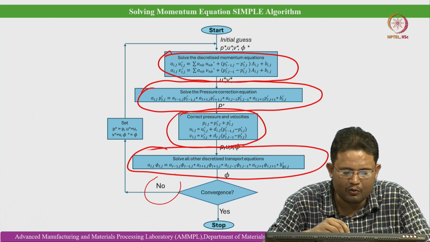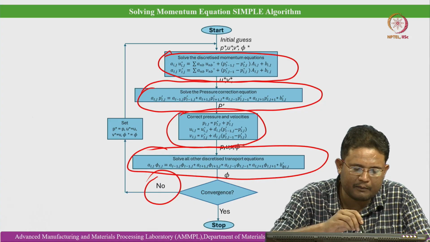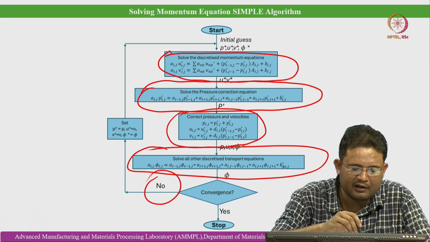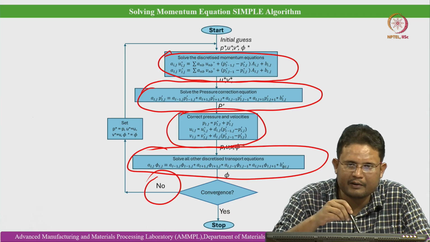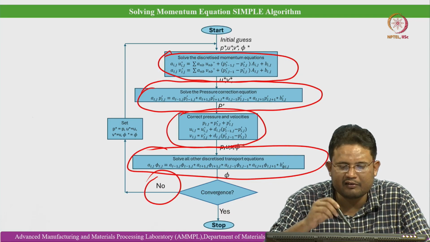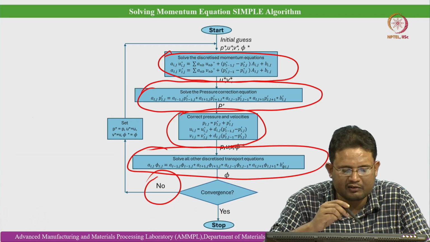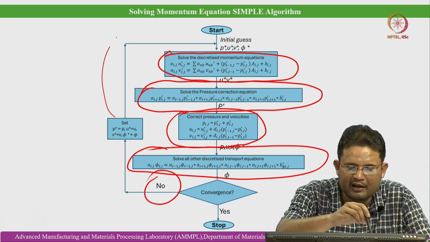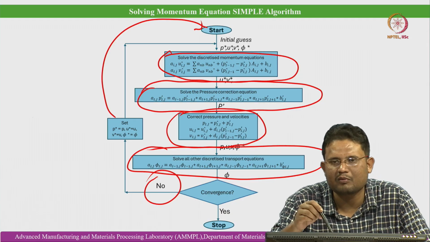And if it does not satisfy the convergence criteria, then the loop goes back. So, if convergence is no, then again the estimated values of pressure, x velocity u, y velocity v, and the estimated value of the field variable phi are set as the initial guessed values, like p asterisk, u asterisk, v asterisk and phi asterisk, and then again they are fed to the start state. So, they are fed to solve the discretized momentum equations.